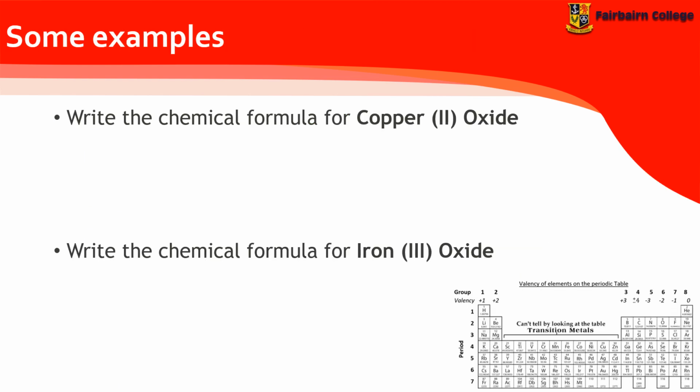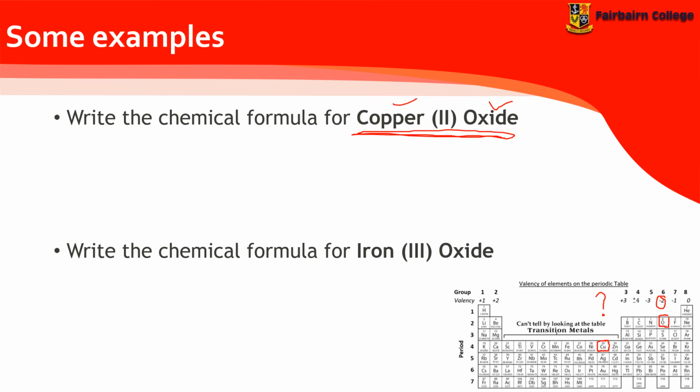Okay, so write the chemical formula for copper oxide. So we have to go look for copper and we have to go look for oxygen. Now if we go look for copper, then we see it is over here and oxygen is over here. Now the valency for oxygen is -2, but we have no valency for copper.